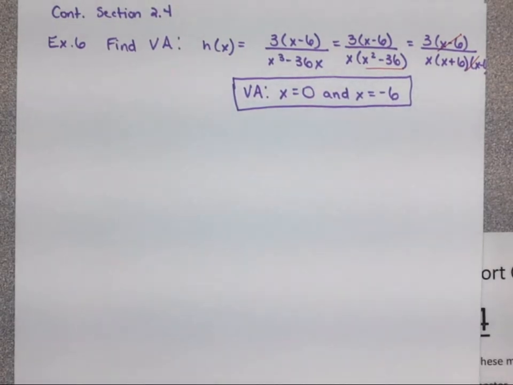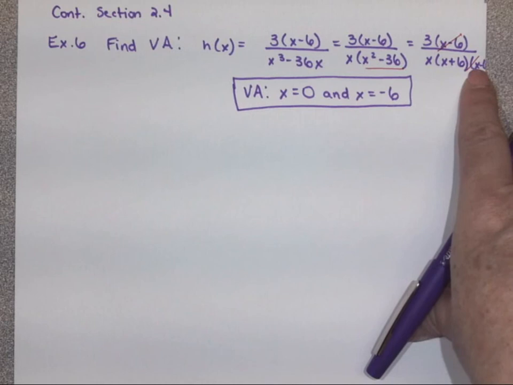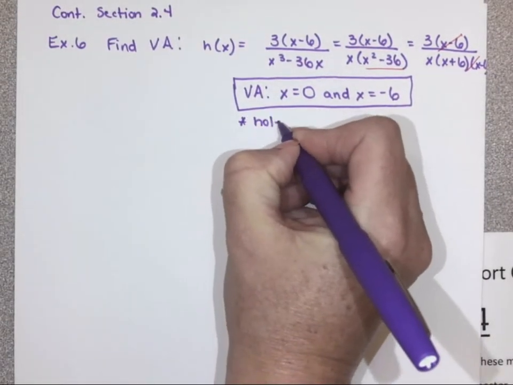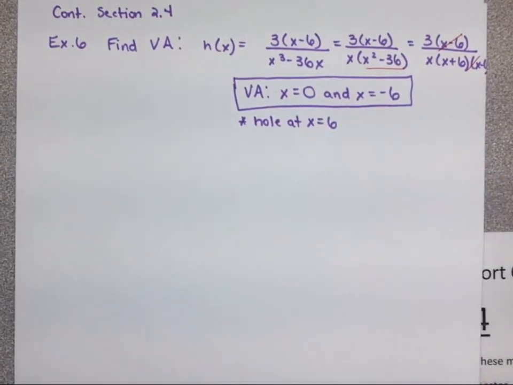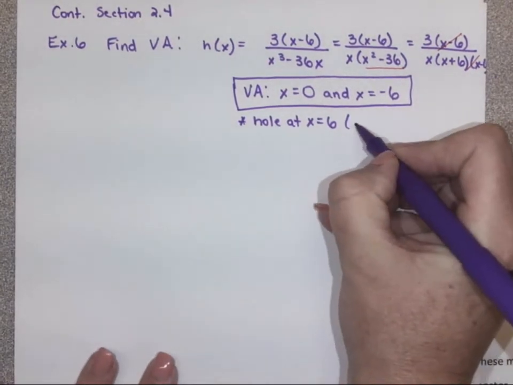All right, so you'll talk about this more in the next class in Business Math 2, but just so you know, this point where we crossed out this x minus 6, it actually means that there is a hole at x equals 6. Okay, there's a hole in the graph. You remember those graphs that we've looked at occasionally where there's an open circle in the middle of it? That's what that tells you. So anywhere that gets canceled out, there's a hole there.